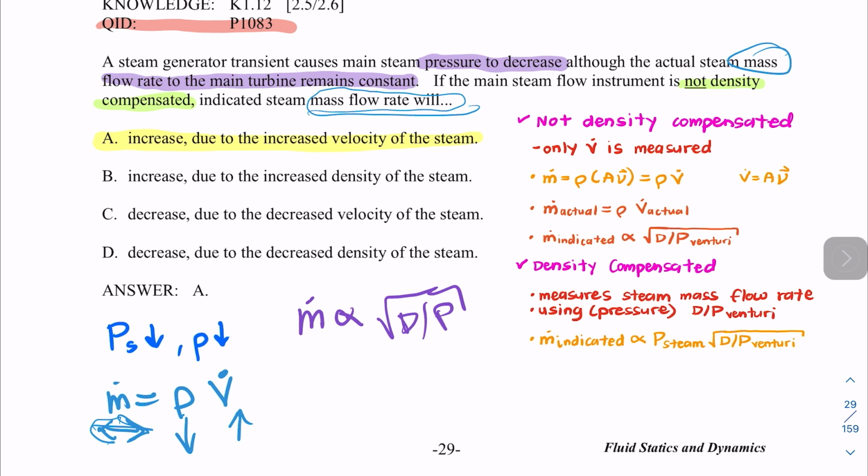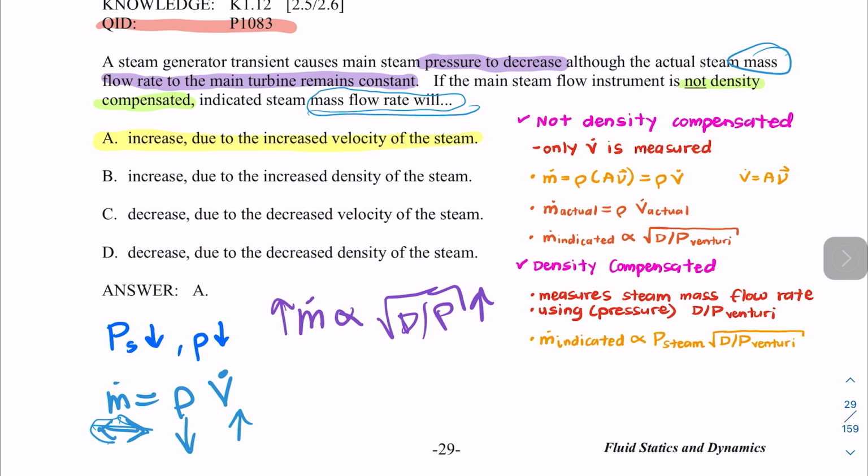But that is supposed to be increasing if my differential pressure increases, that means that my flow rate should be increasing, right? If my differential pressure increases, my mass flow rate is increasing.